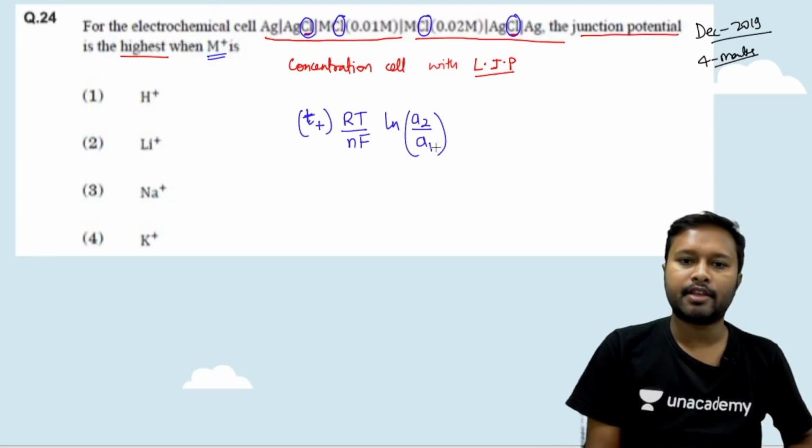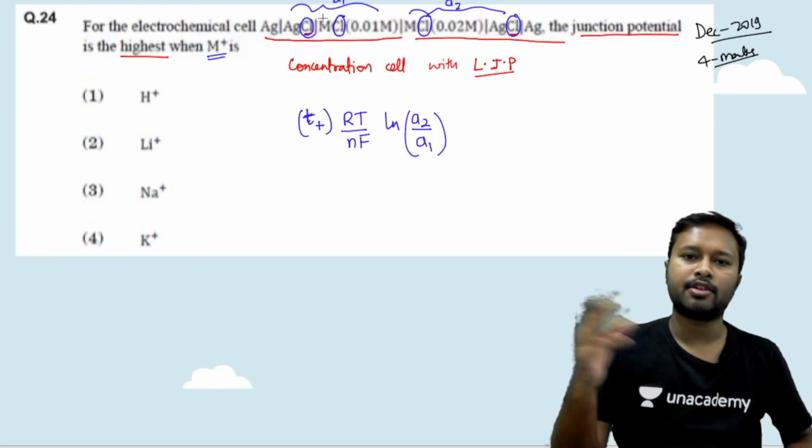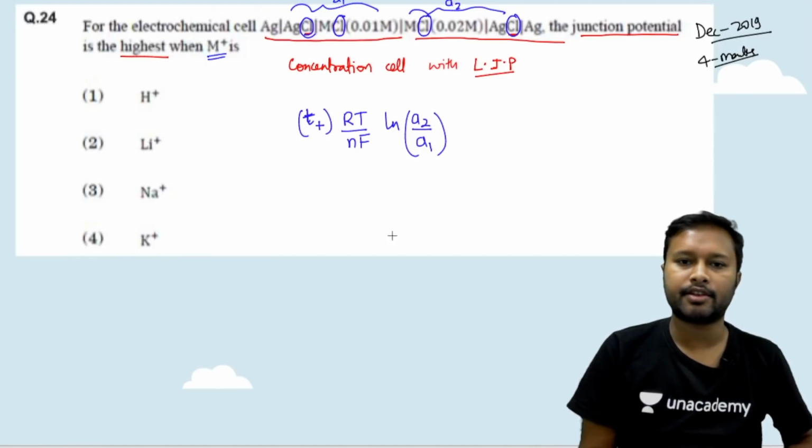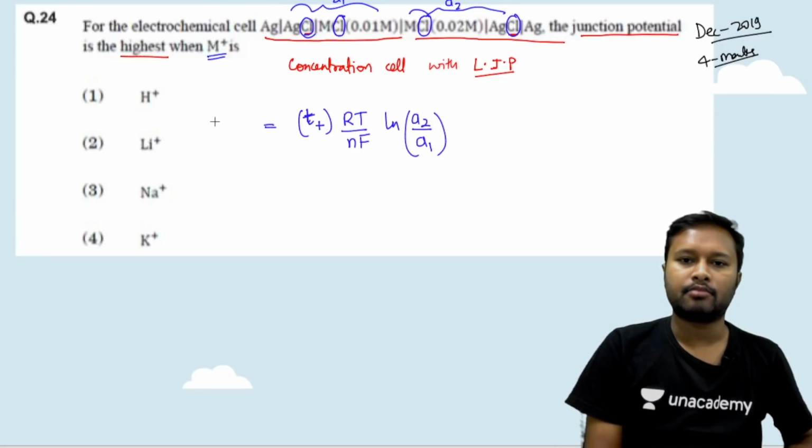Okay, so this A2 and A1 are different concentrations: the concentration on this side is called A2 and the concentration on this side is called A1. So generally on the right hand side we have A2 as the concentration, on the left hand side we have A1 as the concentration. So that is what it is. Okay, so this is going to give you the junction potential.